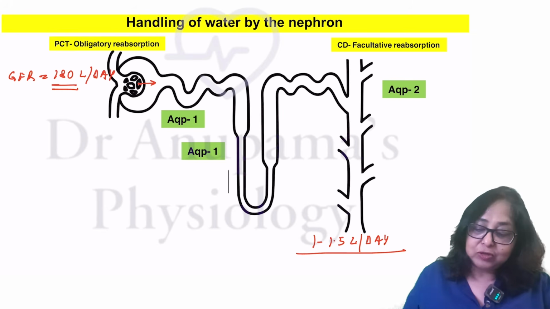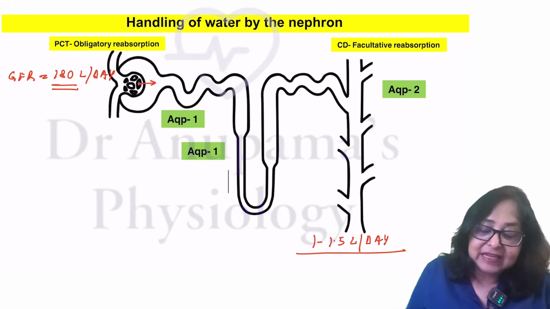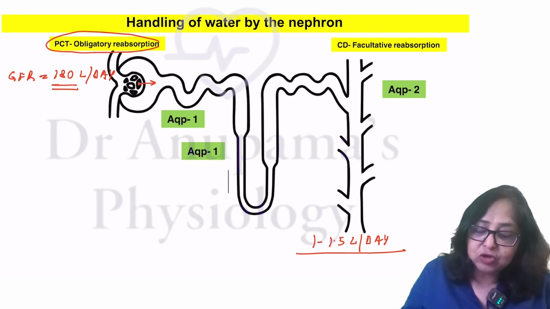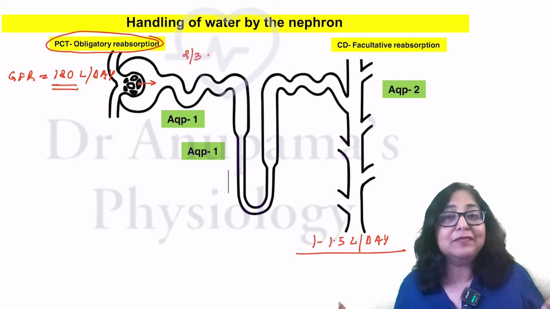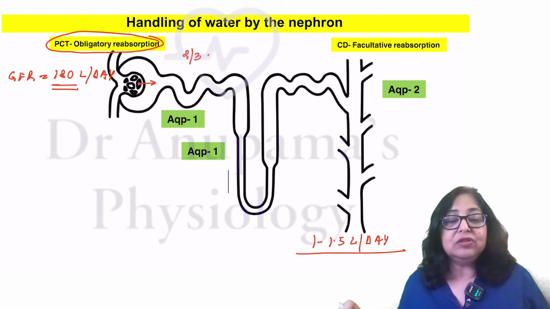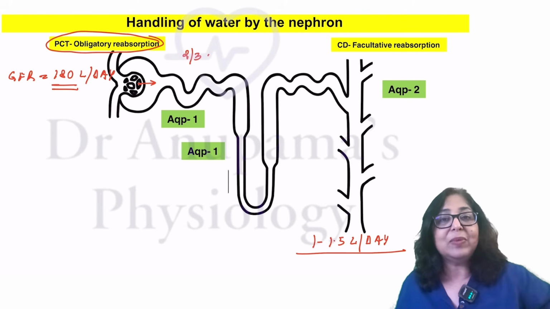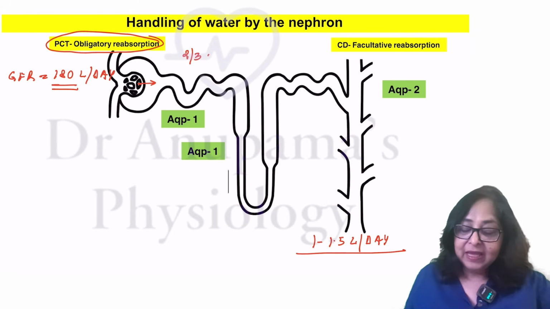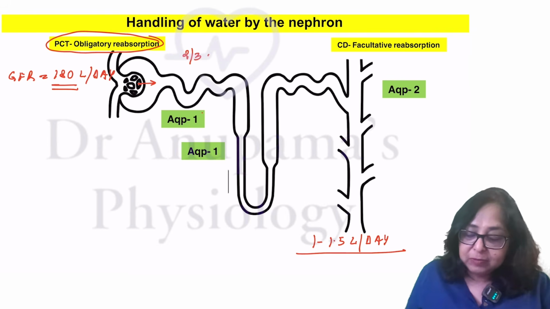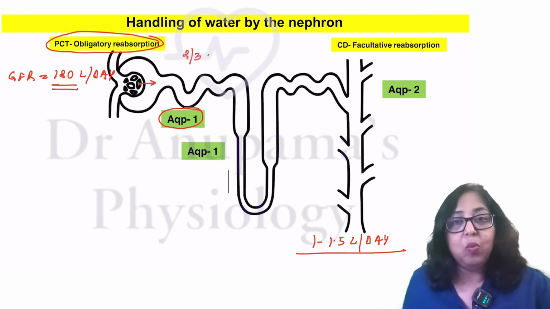2/3 of the reabsorption will occur in the PCT, and that is known as obligatory reabsorption. This reabsorption has to happen irrespective of ADH. 2/3 of the water, that means 120 liters, is absorbed in the PCT of the nephrons of the two kidneys. The aquaporin which is responsible is aquaporin 1.